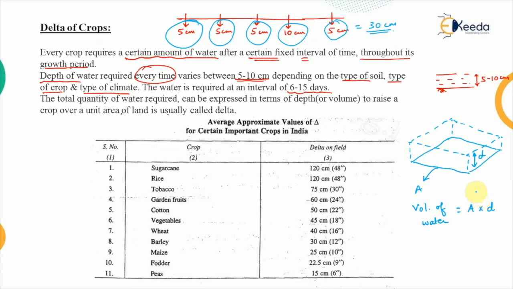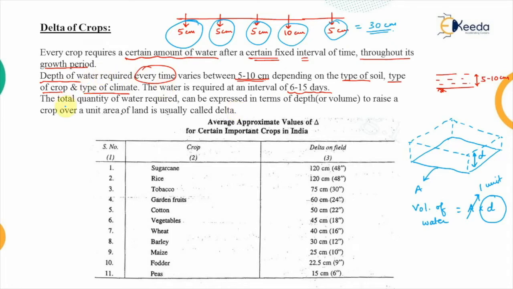Now if we consider that this area is 1 unit, then the amount of water which is stored over here, or the amount of water which is required, can also be represented in terms of the depth.